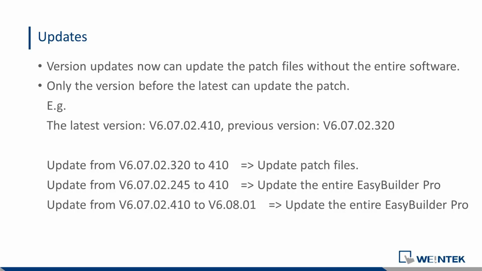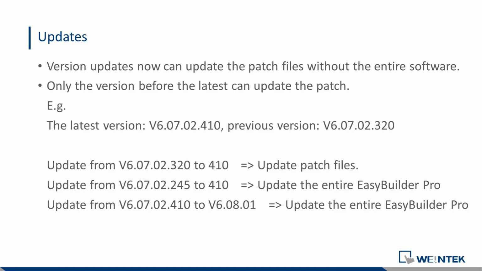For example, if the latest version now is V6.07.02.410 and the previous version is V6.07.02.320, if you update from 320 to 410, the previous version to the latest version, you will only need to update the patch files.